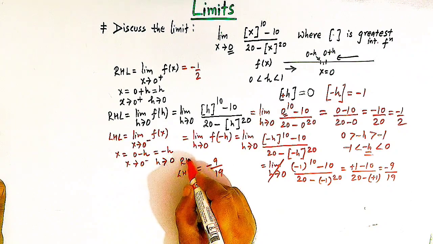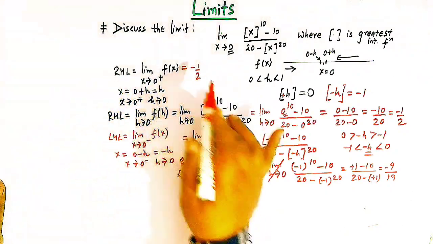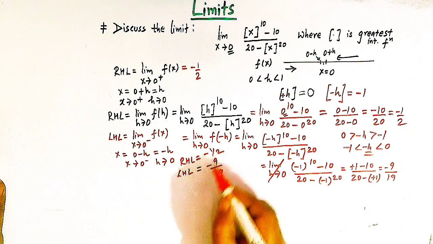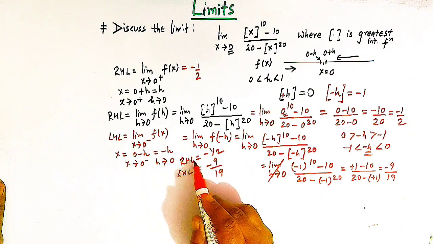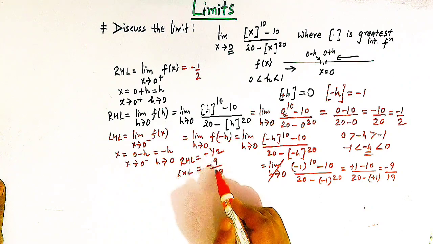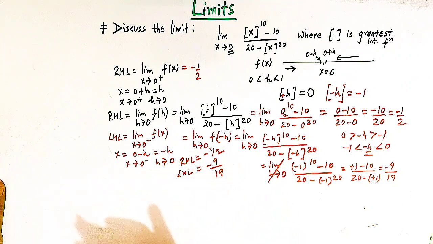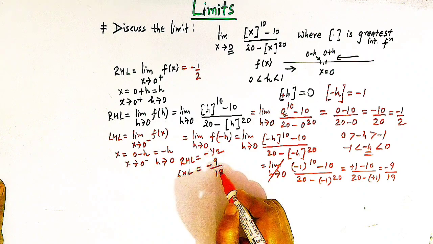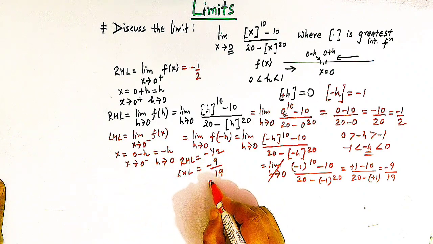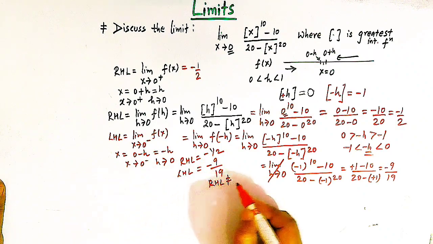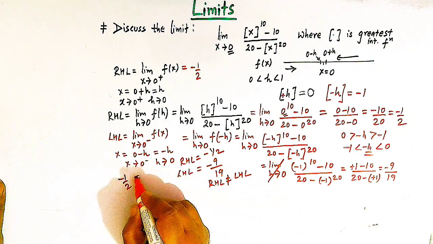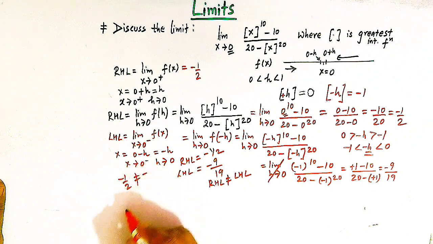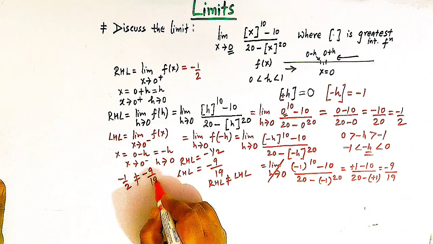And the right hand limit we have just calculated is minus 1 over 2. So now we can see that although the right hand limit and the left hand limit both exist and they are finite, right? So these are finite numbers, but here the right hand limit is not equal to the left hand limit, because minus half is not equal to minus 9 over 19, right?